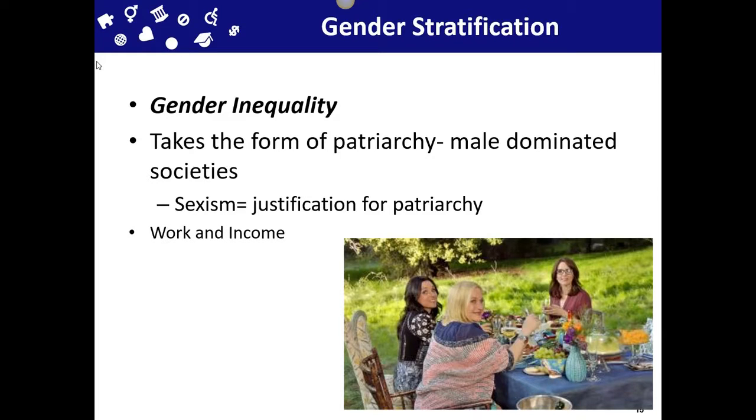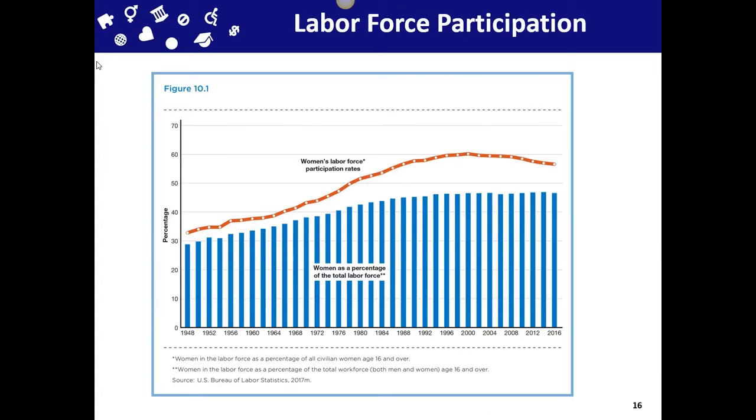Now, when we look at gender inequality in society, one place we see it is with work and income. Why is that? Well, there's a few explanations. One has to do with this idea of pink collar work, right? So when we look at labor force participation, we see that labor force participation for women has increased substantially over time, but it's still lower than men's labor force participation.